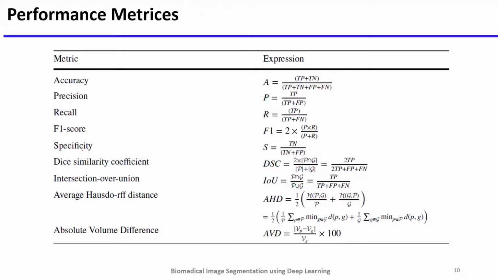Also, specificity is very, very important in medical image applications. We want the model to be good at true negative upon true negative plus false positive.